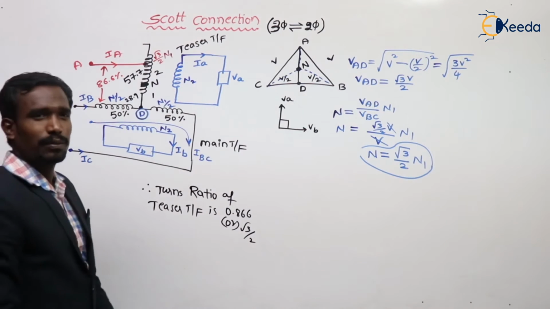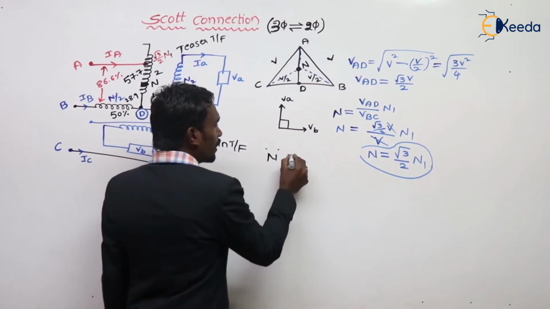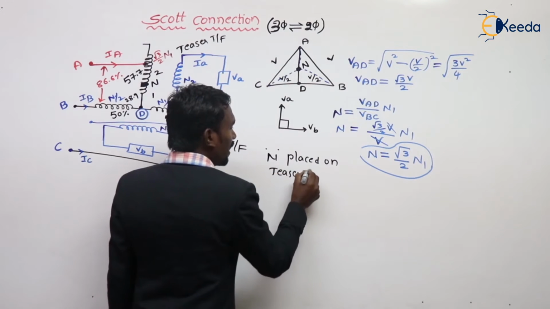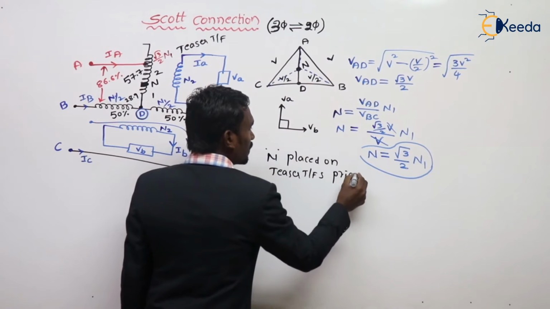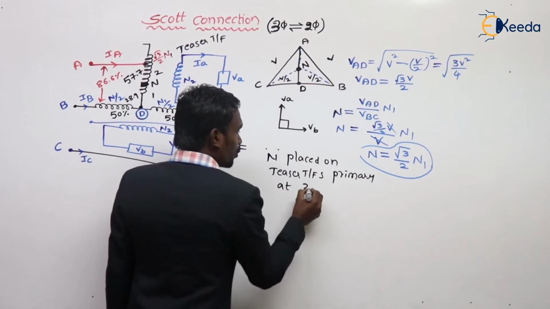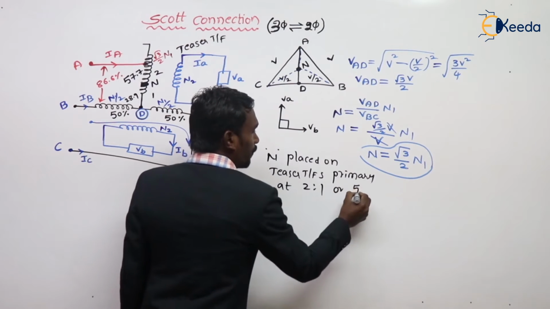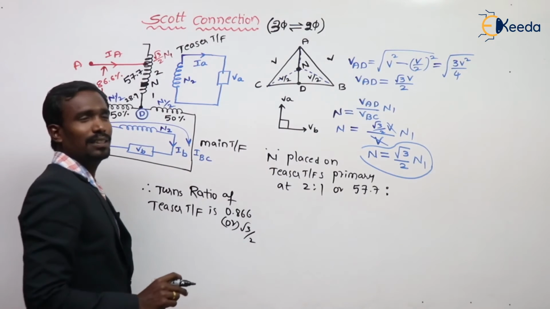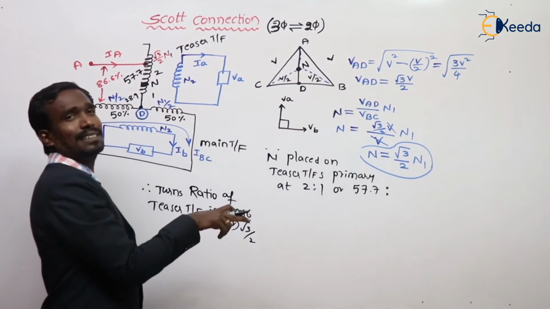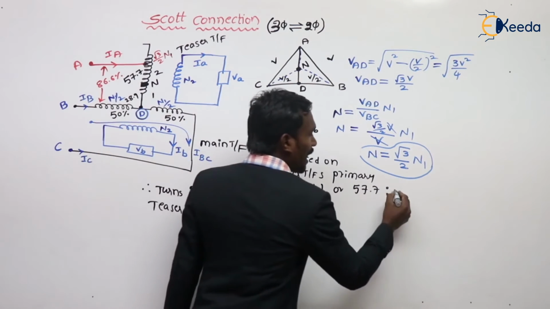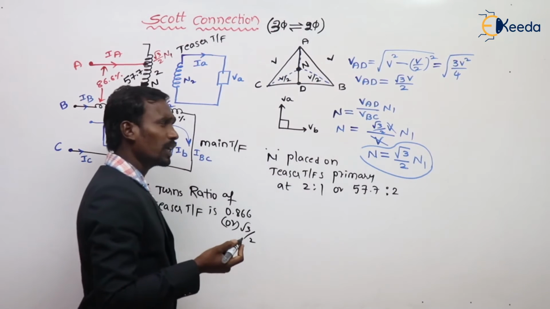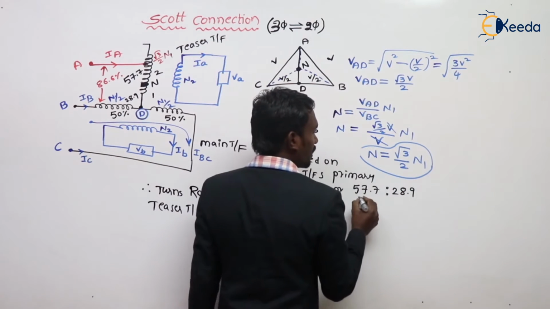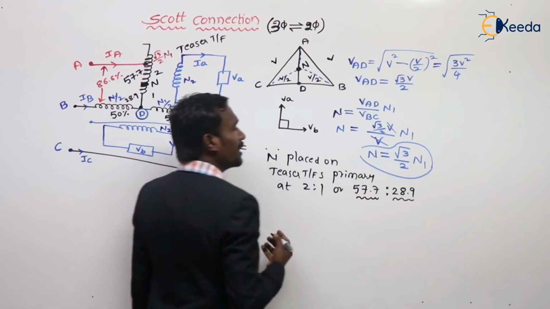28.9% and 57.7%. The neutral point is placed on the teaser transformer's primary at a 2 is to 1 ratio. 57.7 is how much percentage less than 86.6%? 57.7 plus, to get 86.6, we have to take around 29 percentage, not exactly 29, but around 28.9 percentage. 57.7 is to 28.9.